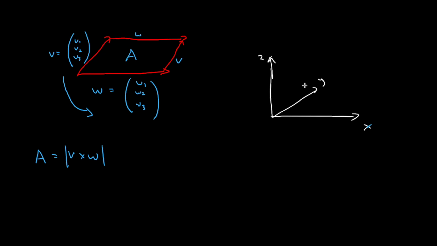So this parallelogram could be floating anywhere. So I'm just going to set it to be on the xy plane. My first vector, I'm going to have it along the x-axis. And my second vector, I'm going to have somewhere on the xy plane. So here we have our parallelogram made up by these two vectors.